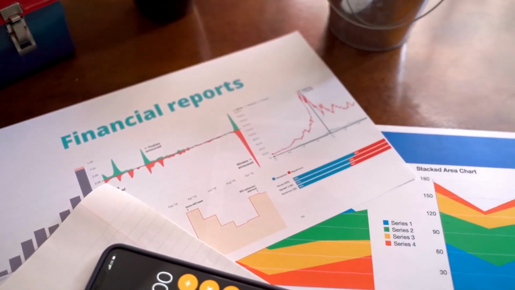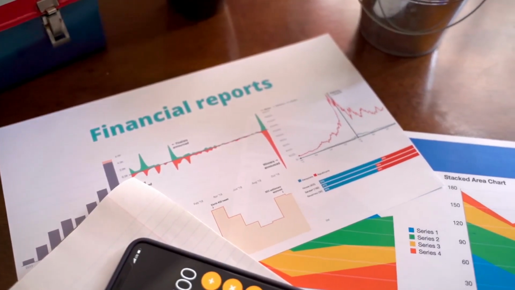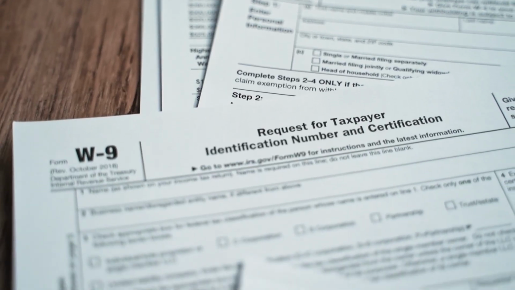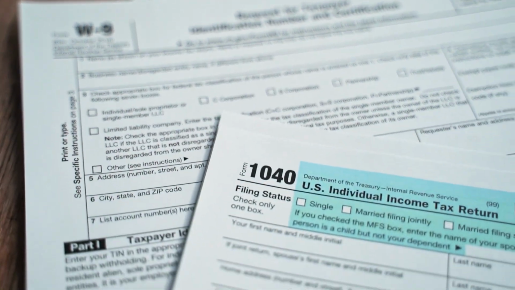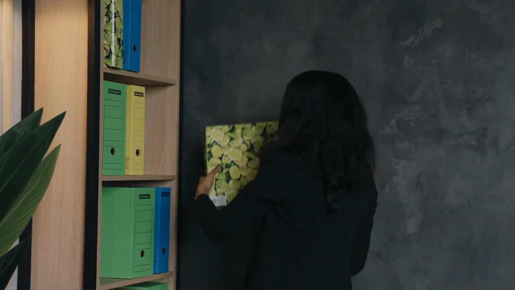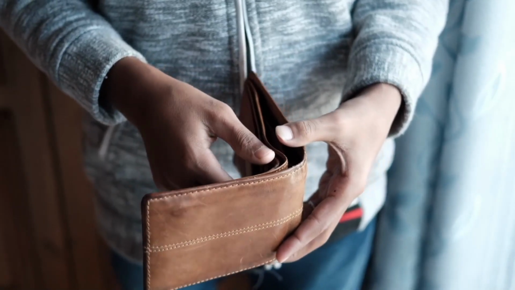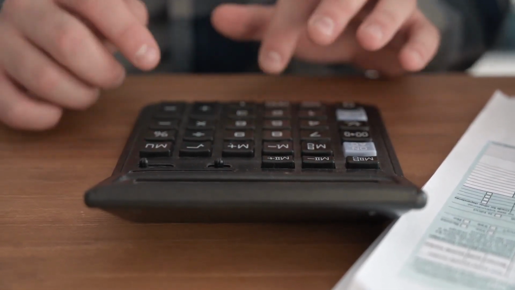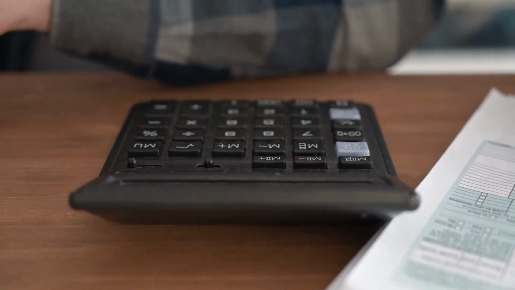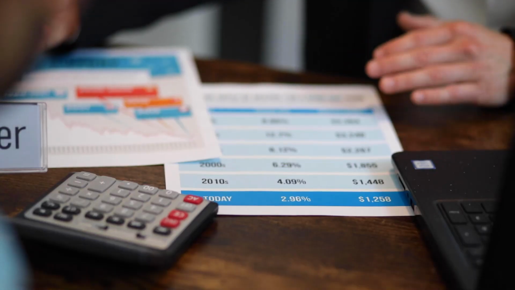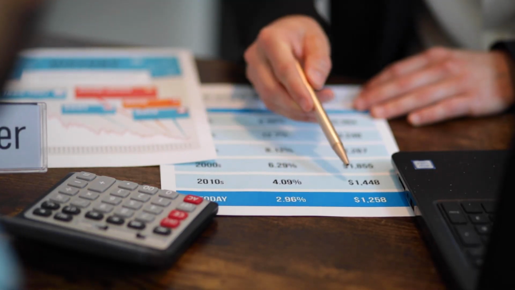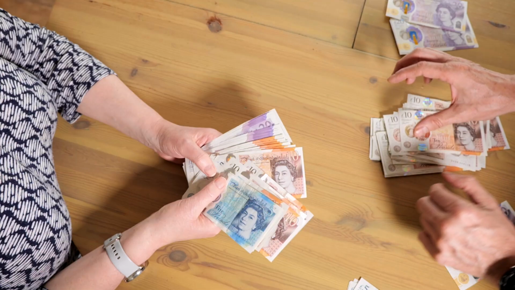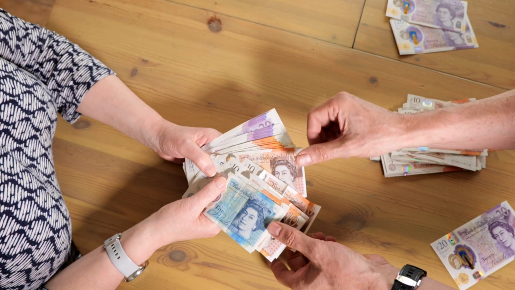Before you sit down to file, gather these: your unique taxpayer reference and government gateway login, records of your income, invoices, bank statements, or a P60/P45 if you also had employed income, records of allowable expenses if you're self-employed, details of any savings interest, dividends, or rental income, and records of any pension contributions or gift aid donations, since both can reduce your tax bill. The better your records, the faster this goes, and the less likely you are to miss a deduction you're entitled to.